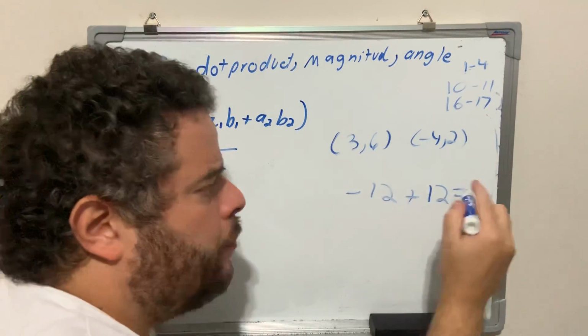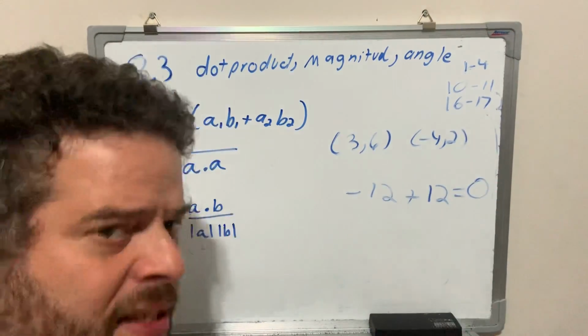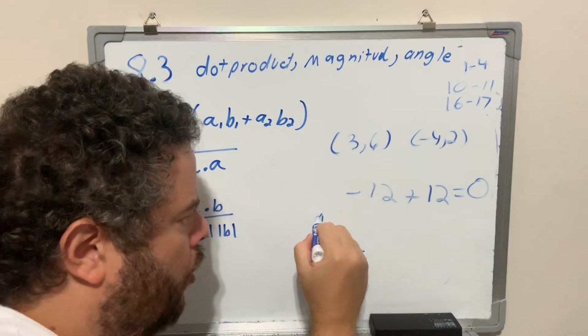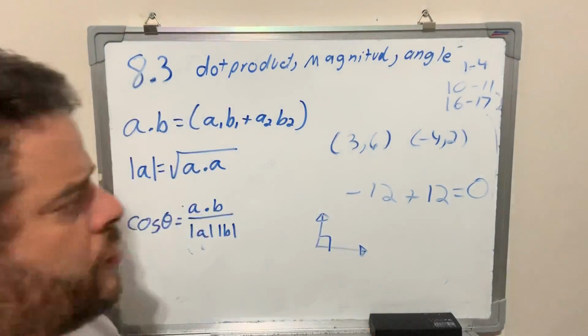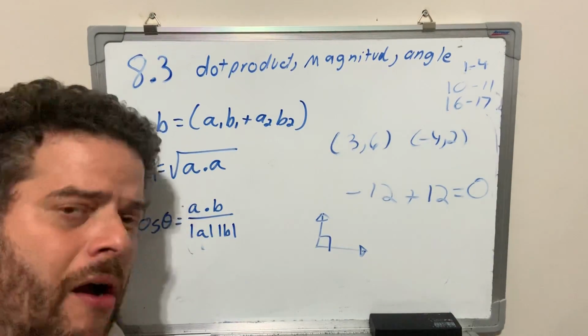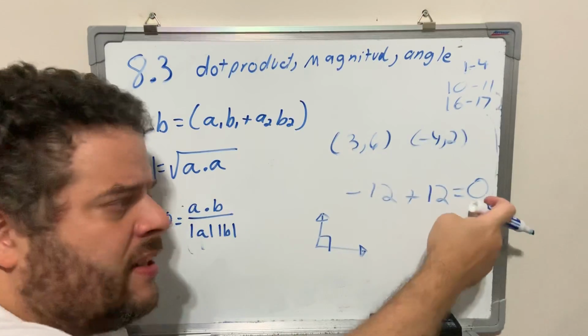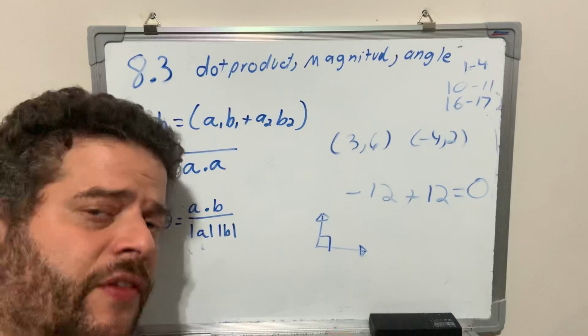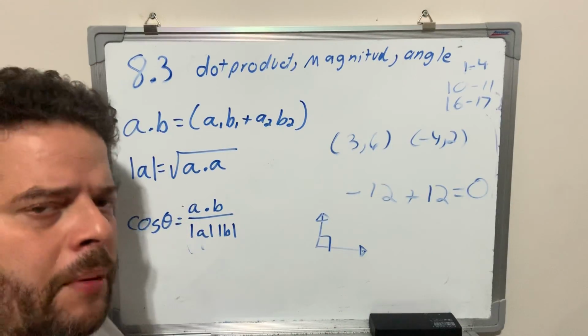Now, when the dot product gives you a 0, that means you're actually looking at orthogonal or perpendicular vectors. So questions might come up saying, are these two vectors perpendicular? All you have to do is use this formula, see if you get 0, and then that means they are. If you get a non-zero value, that means that they are not perpendicular.